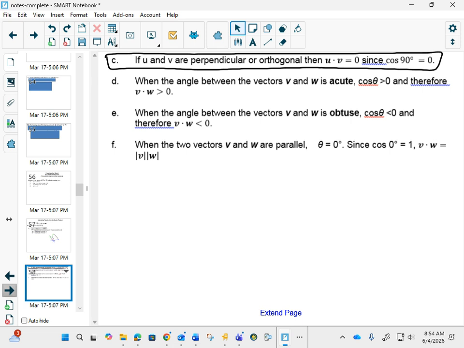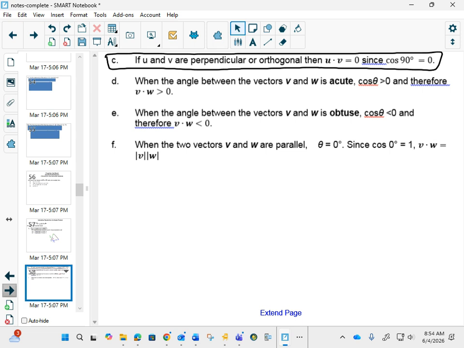Since cos is positive in quadrant 1 and cos is negative in quadrant 2, if the angle between v and w, between the 2 vectors, is in quadrant 1, between 0 and 90, an acute angle, then the dot product is positive.